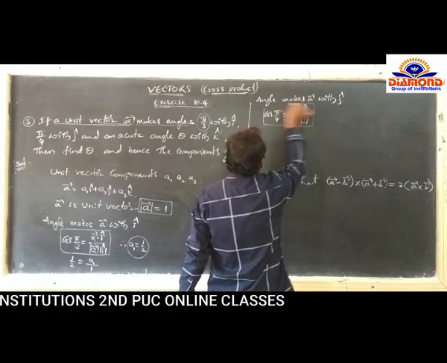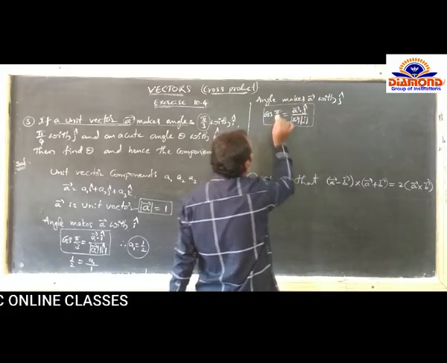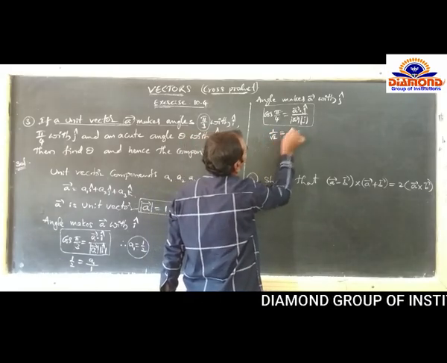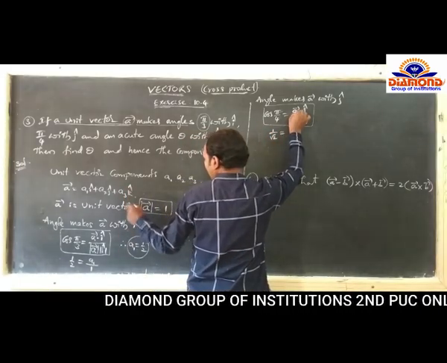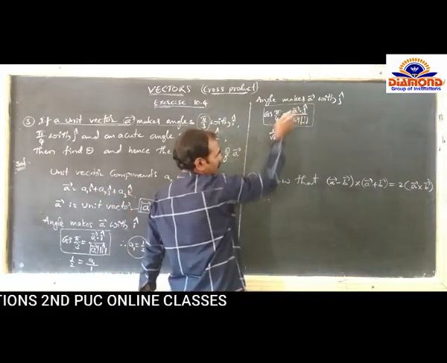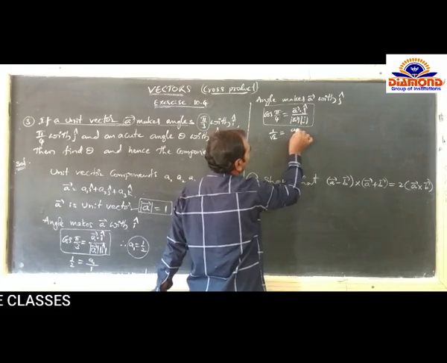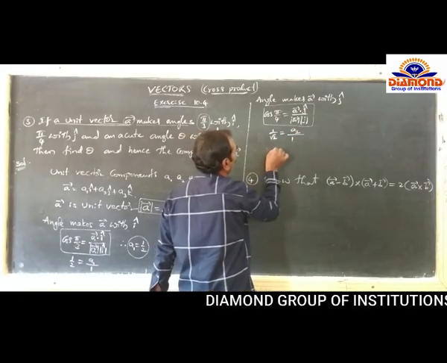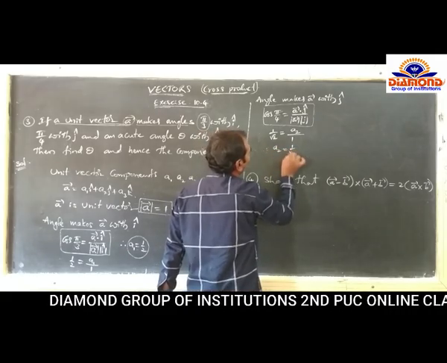So this is the formula. Cos pi by 4 value is 1 by root 2, equal to a1 i cap plus a2 j cap plus a3 k cap dotted with j cap. The dot product value is a2 divided by 1 into 1. So therefore a2 equals 1 by root 2.